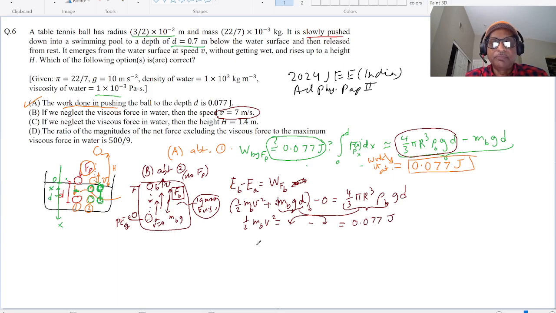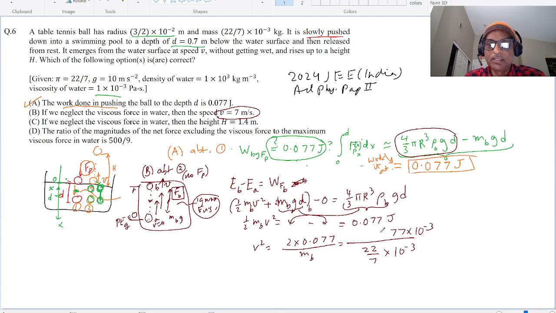So if I put 2 times 0.077 over MB, and MB is 22 over 7 times 10 to the minus 3, and this is 77 times 10 to the minus 3 times 2.